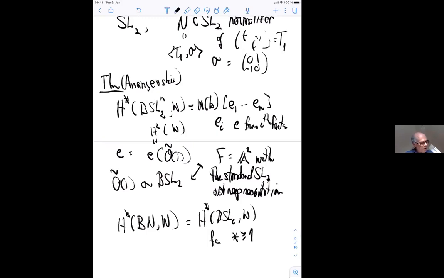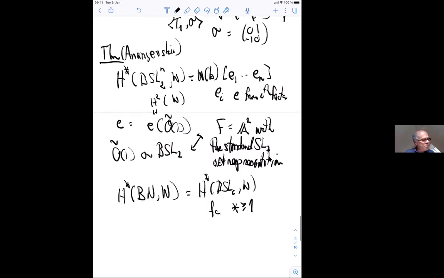For star equals 1, it's 0. For star equals 2, it's just this polynomial ring in the variable E. It's a little bigger in H0, and I'm not going to go into that. It's not so useful for us.